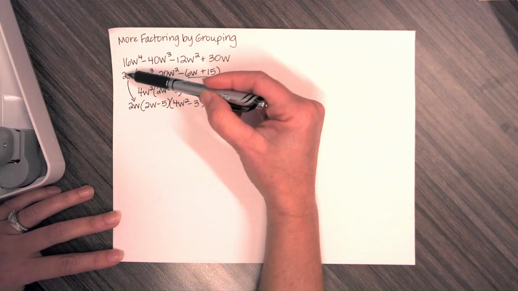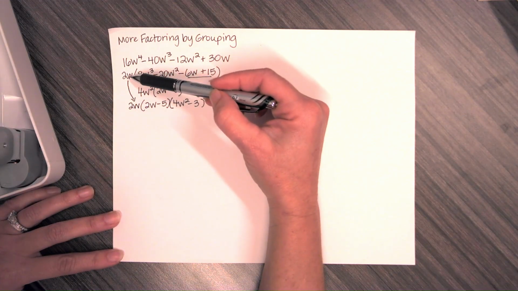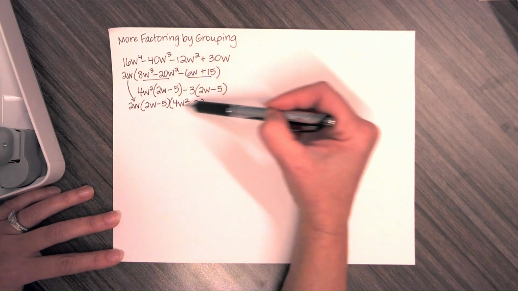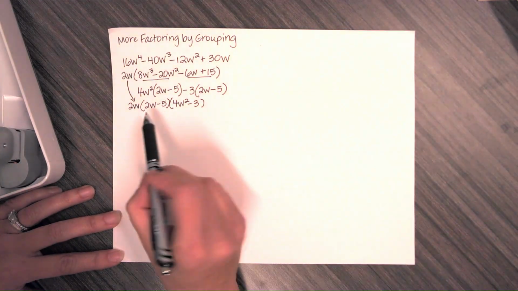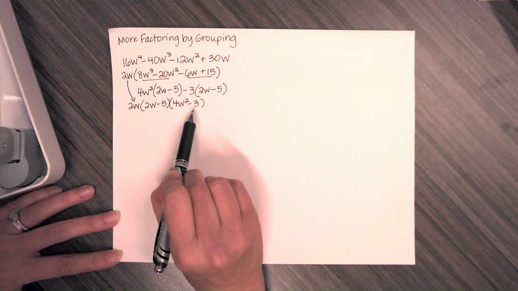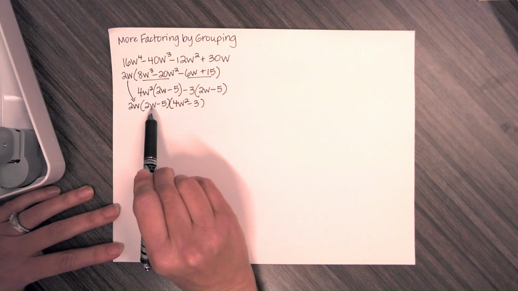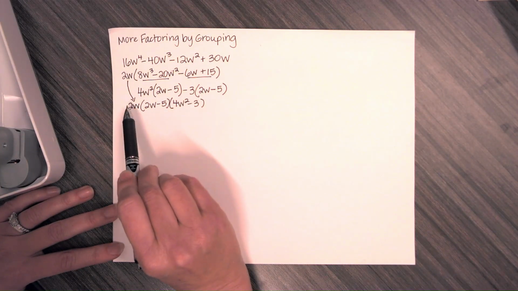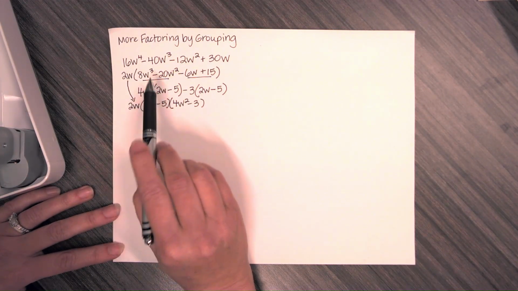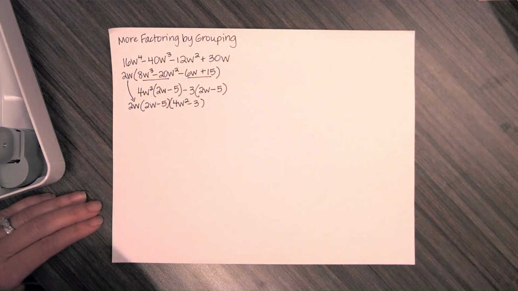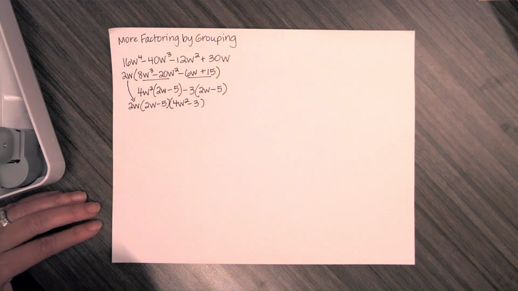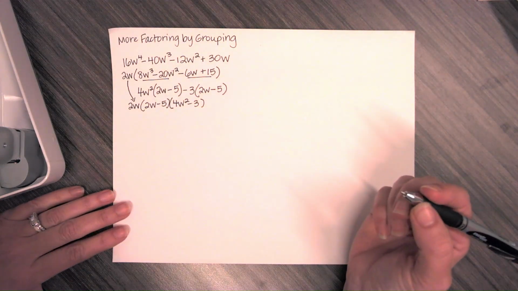And so I just kind of put him on hold, and then I try to remember to make sure to bring him down when I write my final answer. So this line here is my final answer. If I wanted to, I could multiply these together, then multiply them all by 2w, and I should end up with what I started with. So you can certainly check that if you want to.